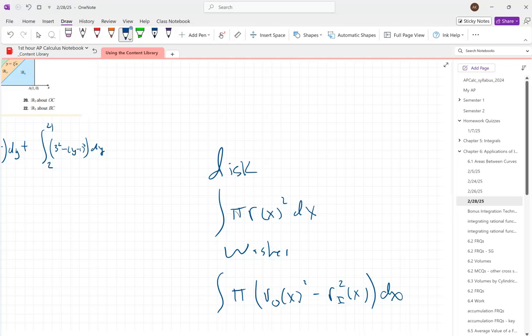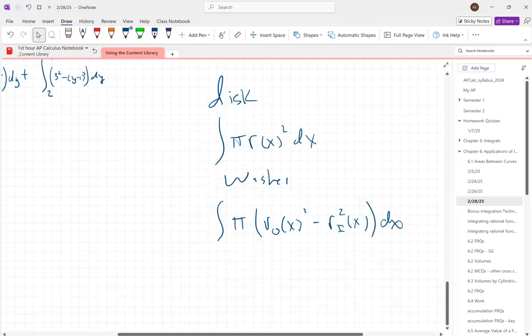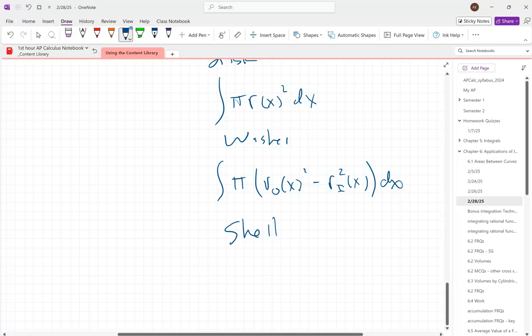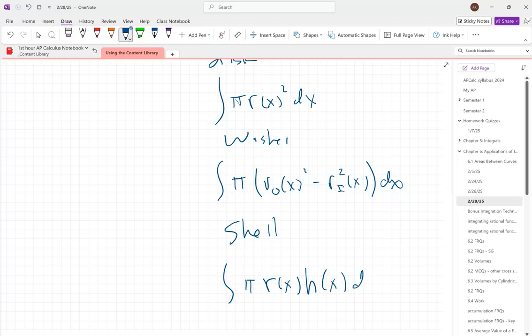And I'm going to just write of x. It could be y's also, right? And then shell is pi r of x times h of x dx. So those are like the 3 formulas.